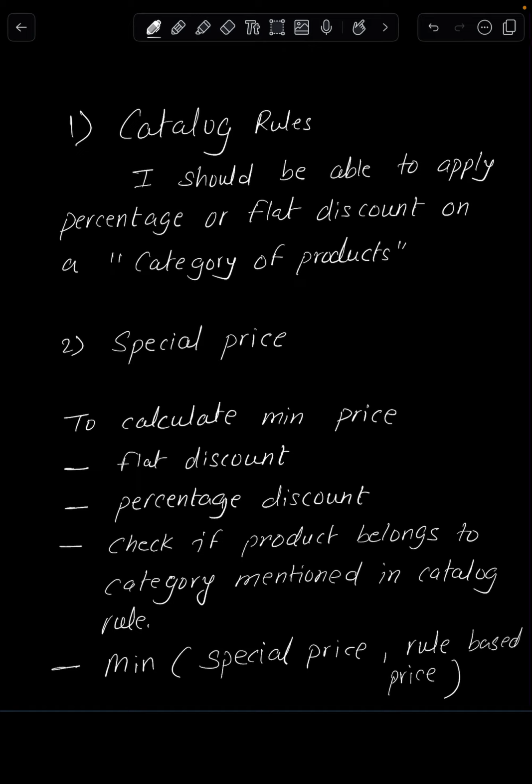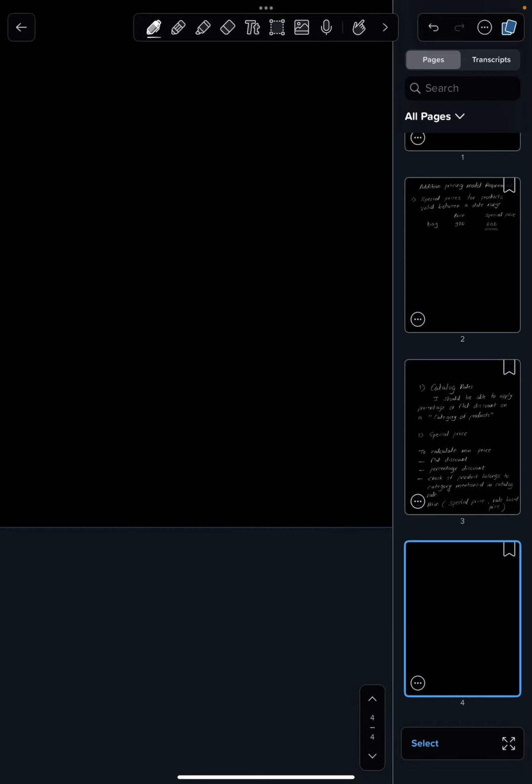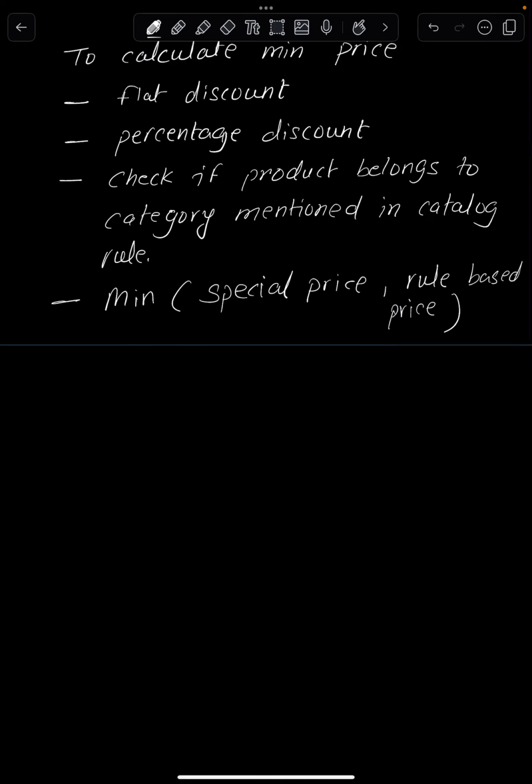Now, there is an additional complexity that the customer wants, which is tier pricing. The requirement changes to tier pricing. Tier price will be based on the quantity that the customer buys, customer group, right?